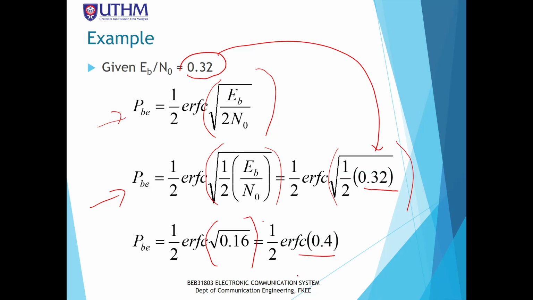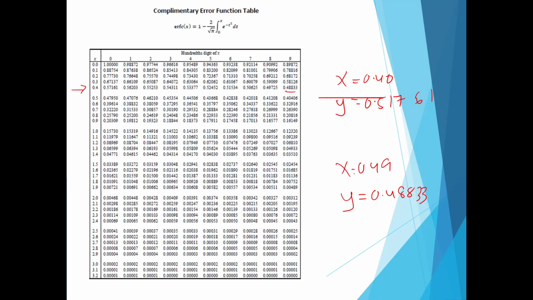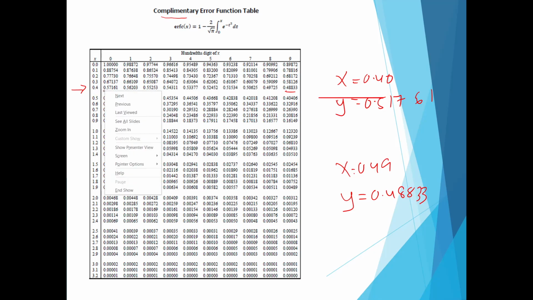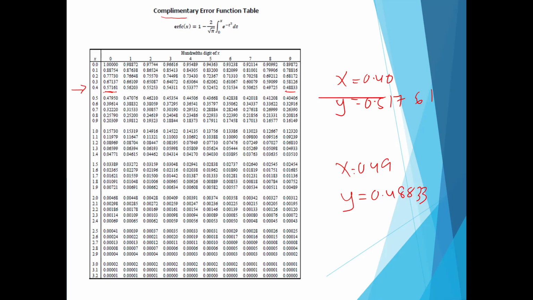So ERFC 0.40, if you refer to the second table, the complementary error function table, you will find that it produces 0.57161.